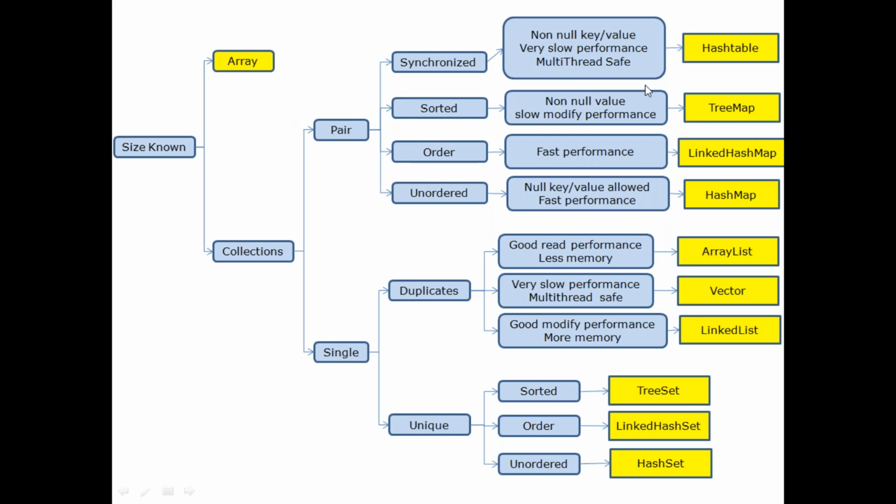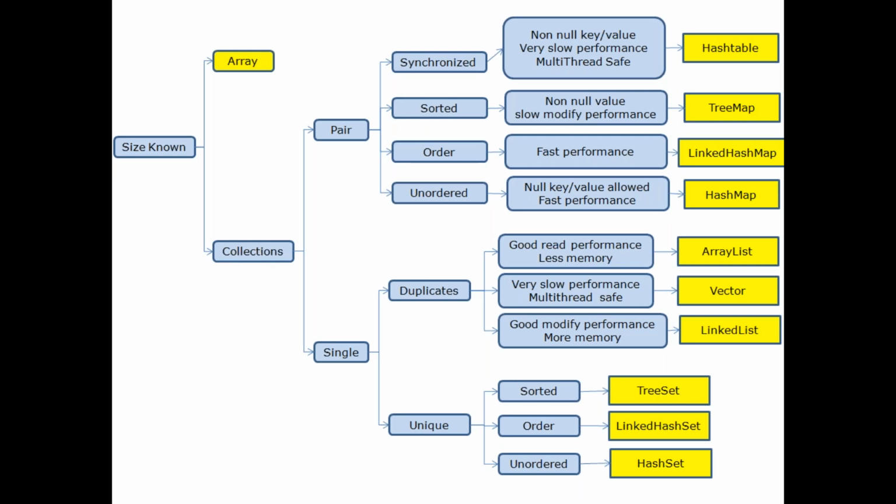But how do you pick the right one? This map will allow you to take that decision. If you know the size of the group, go with array. If you don't know the size, go with collection.